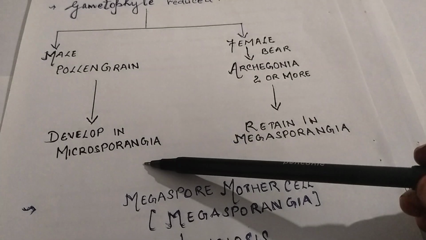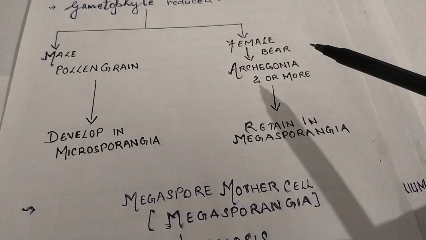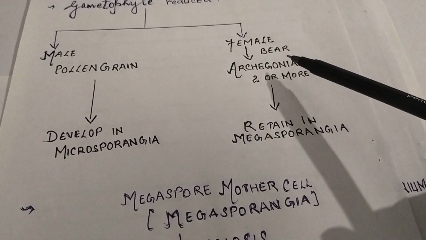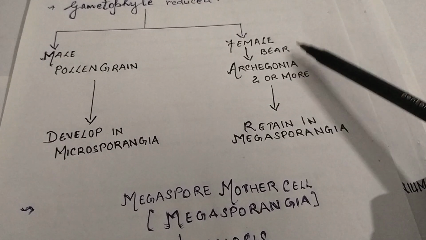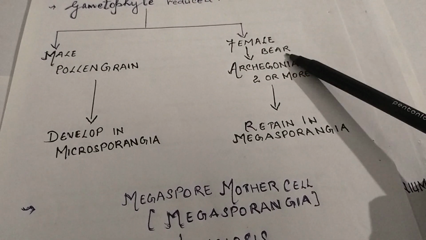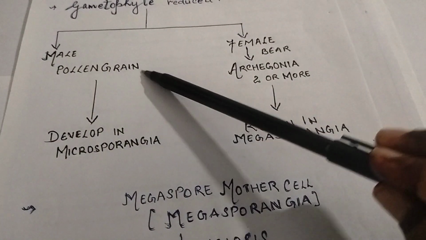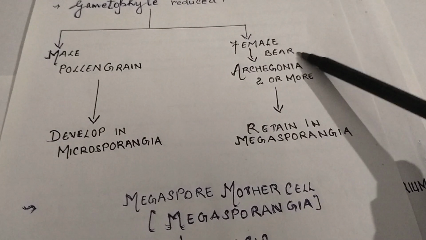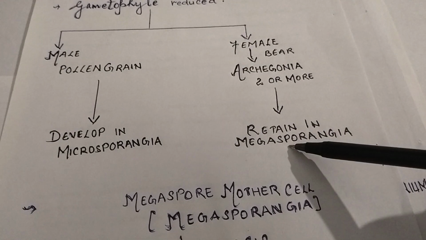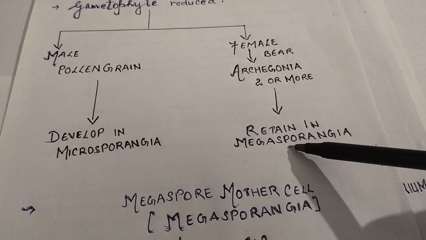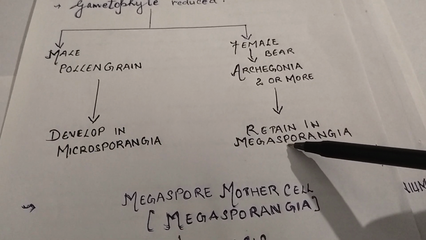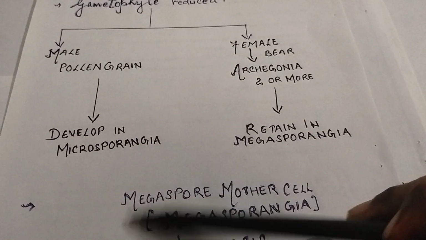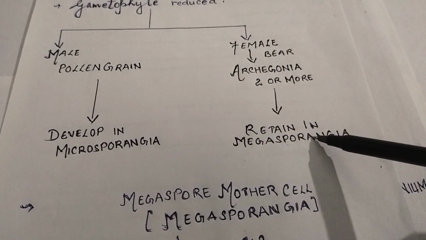Male gametophyte is reduced, female gametophyte is multicellular. This multicellular female gametophyte will also be retained inside the megasporangium. See, the gametophytic phases are so much reduced that they develop inside the sporangium.